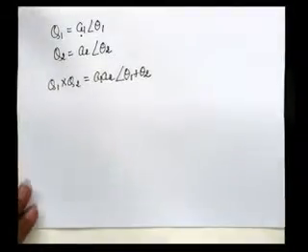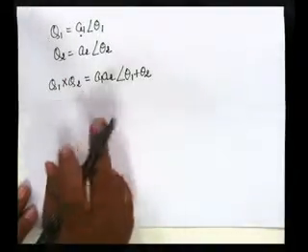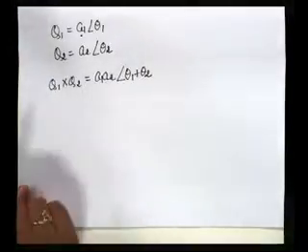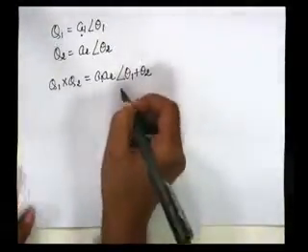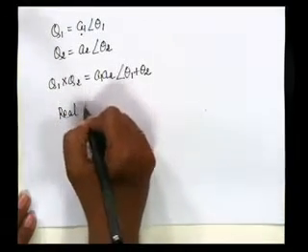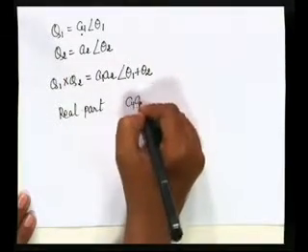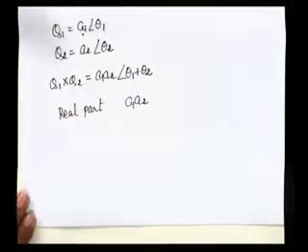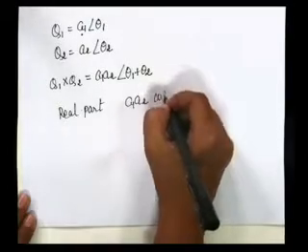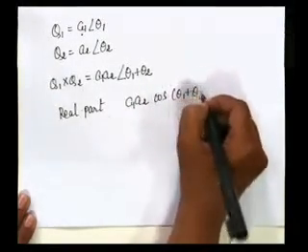Suppose you have to convert this vector into rectangular form, you can convert using this equation. For rectangular form you have to find the real part and imaginary part of the vector. First of all, the real part is equal to a1 a2 into cos of the given angle. The given angle is theta 1 plus theta 2.